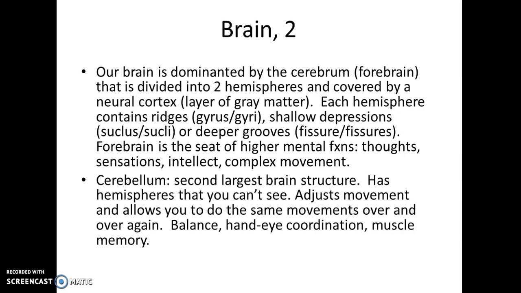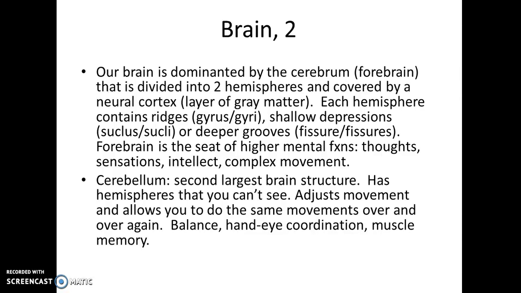Our brain is dominated by the cerebrum, which is the forebrain, and that is divided into two hemispheres and covered by the neural cortex, which is a layer of gray matter. Each hemisphere contains ridges, which are a gyrus or gyri, shallow depressions, a sulcus or sulci, or deep grooves, a fissure or fissures.